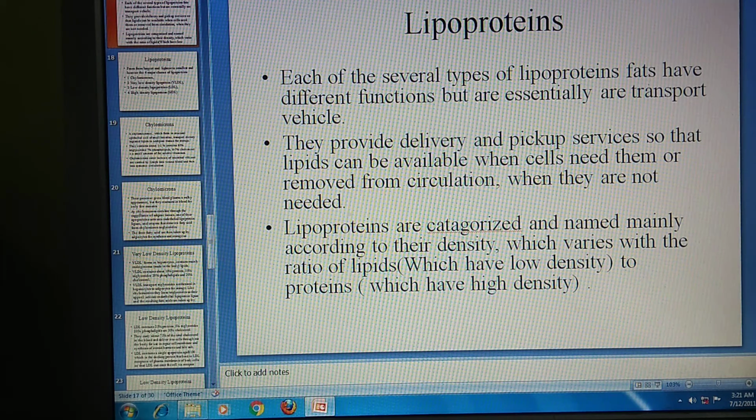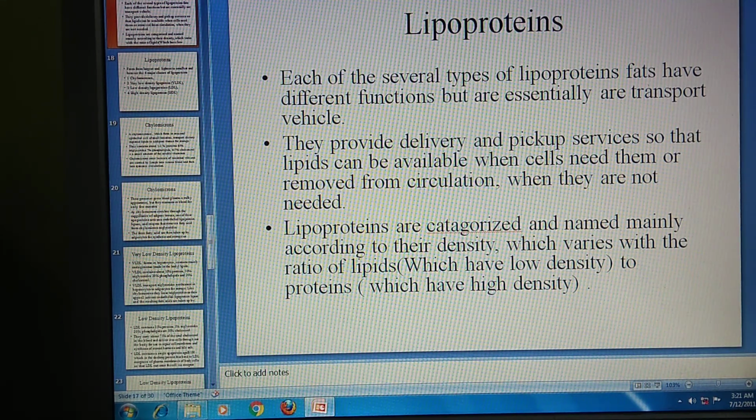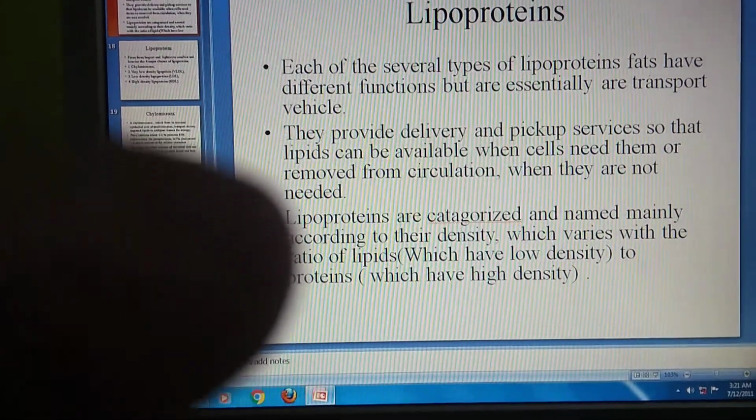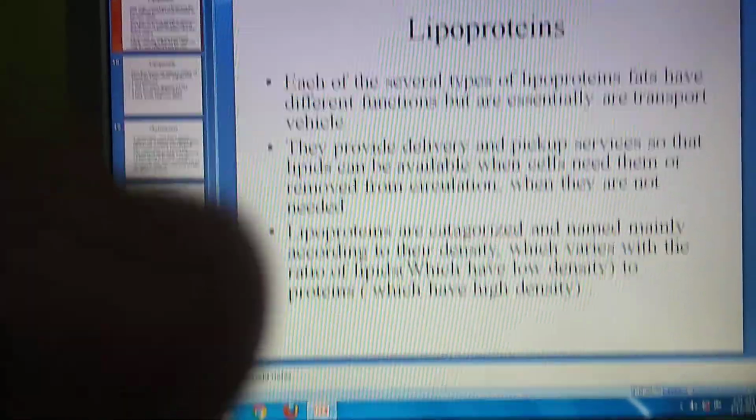They provide delivery and pickup services so that lipids can be available when cells need them or removed from the circulation when they are not needed.